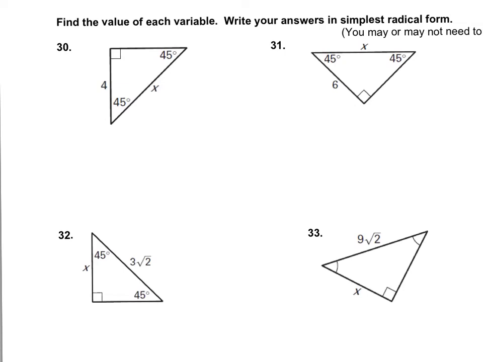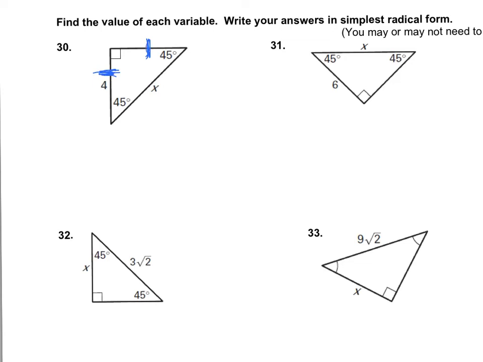But let's review what we learned about 45, 45, 90 triangles. That's what this one is. It's a 45, 45, 90 triangle. That means it's isosceles. If two angles are the same in a triangle, the two sides across from them are also the same. So both these sides are congruent to each other.